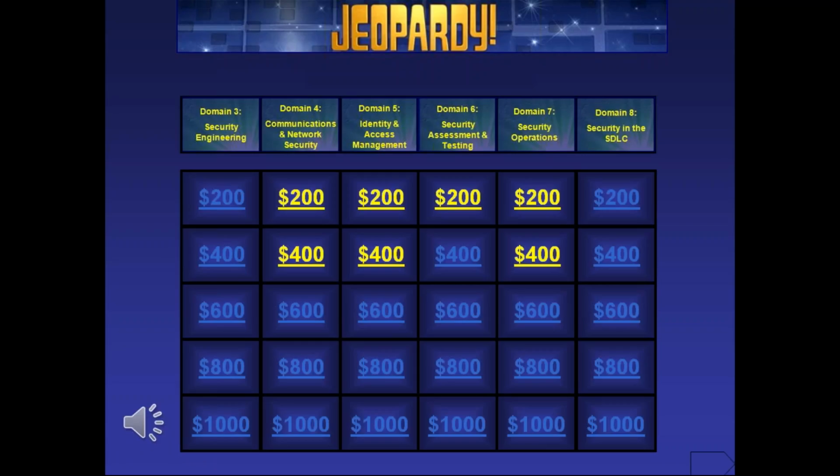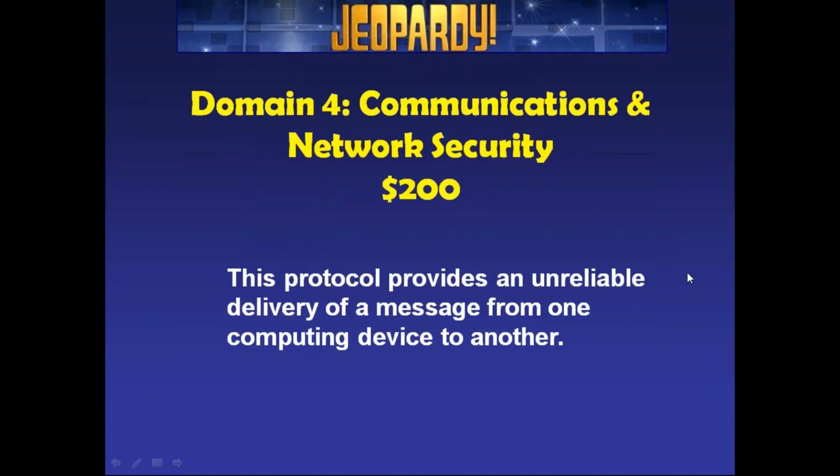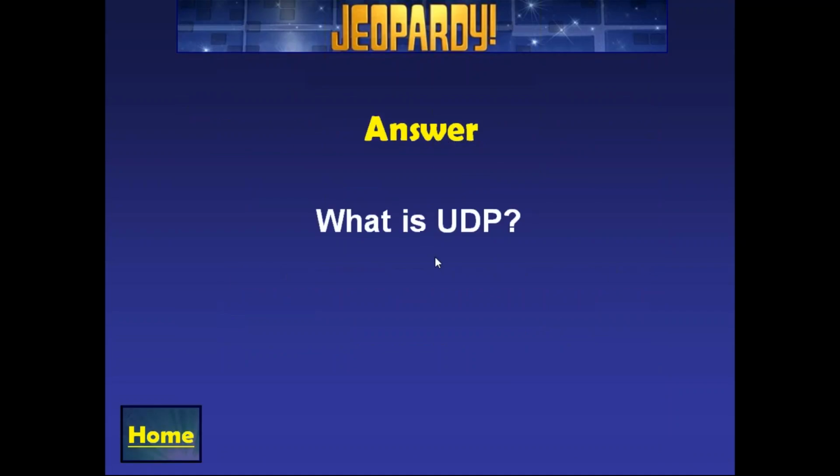Okay, domain 4 for 200. First correct response from the Terminator. What is UDP? The fast protocol.